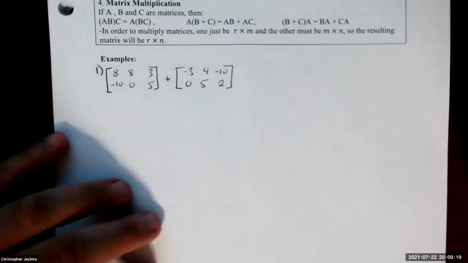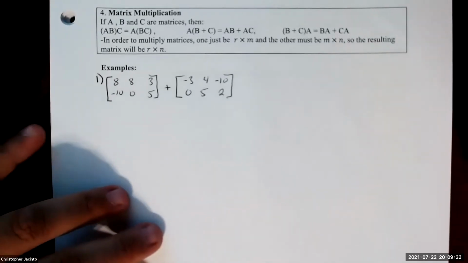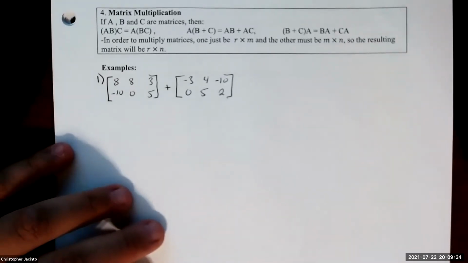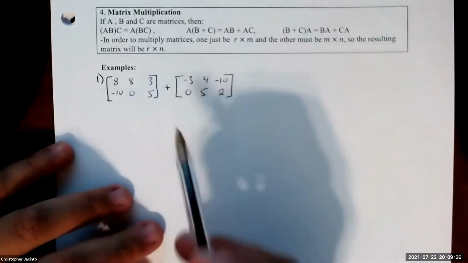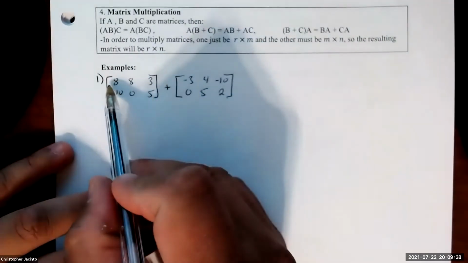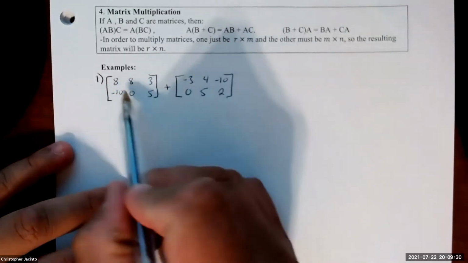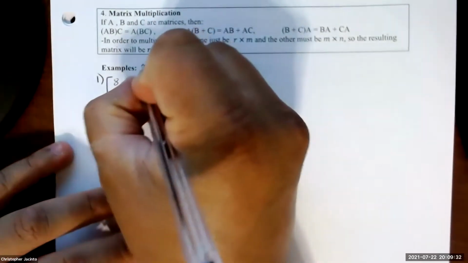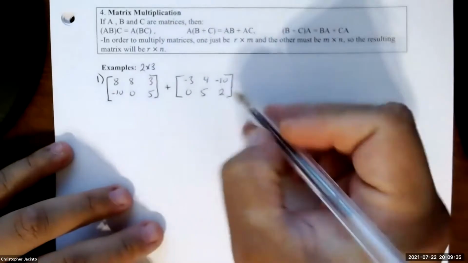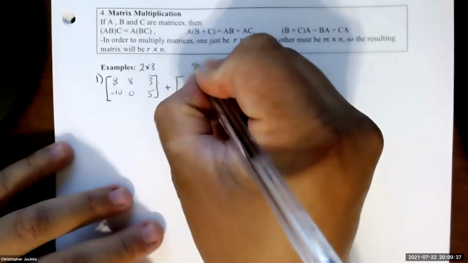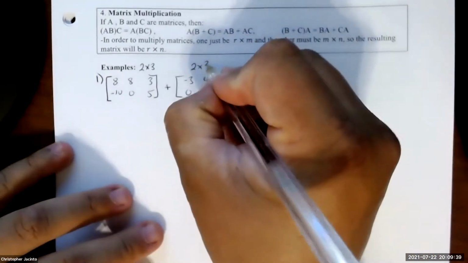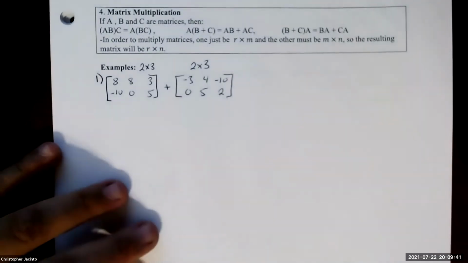In other words, can I literally add these together? That could be a problem. So first we've got to find the dimensions and see, are they the same? Remember, rows come first. So this is a 2 by 3 matrix. And this is also a 2 by 3. All right, so good. They're the same. So therefore we can actually add them.